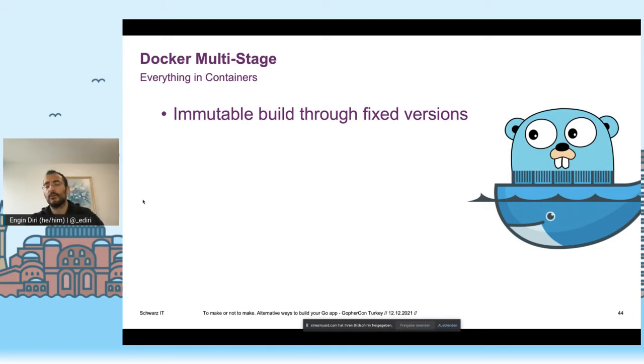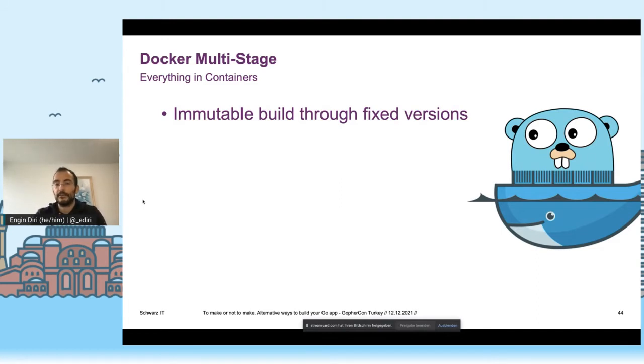So I can put many steps into it, and I can run every step in a specific container, in a specific container version. So I can really pinpoint the specific version through the SHA, for example. I don't even need to write the human readable version, like version 1.0.0 or whatever.